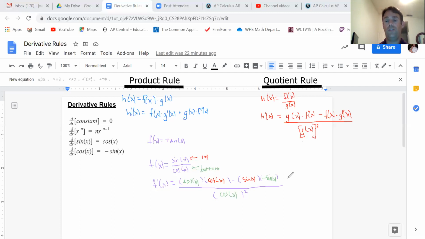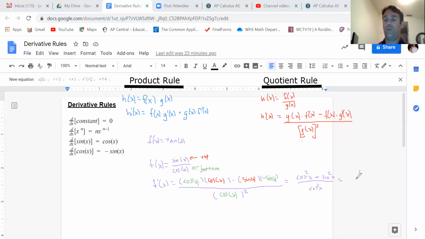Well, friends, if I clean this up just a little bit, I believe I get cosine squared x plus sine squared x all over cosine squared x. And being the amazing math people you are, you actually remember this one from pre-cal.